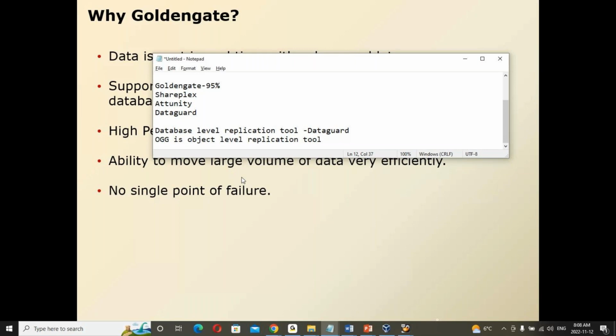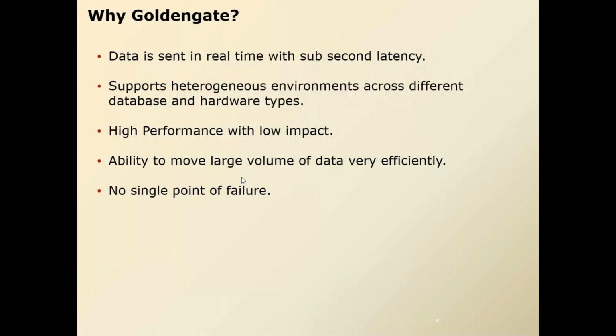Okay, so now the question comes, why Golden Gate? Why do you need Golden Gate? As I mentioned, it is being used in almost 95% of implementations. But what is the reason behind choosing Golden Gate? The reason is that data is sent in real time with sub-second latency.